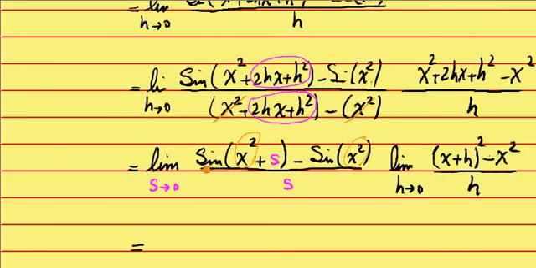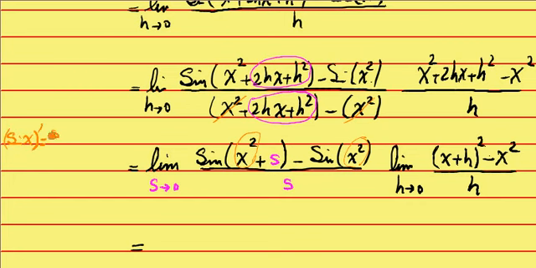Well, that is exactly the definition of derivative of sine. It's just that the point that it is applied at, instead of being x, is just x squared. Other than that, this is exactly the same as the definition of derivative of sine. Let me just remind you on the side. If I wanted to find out derivative of sine of x, what would I have done?